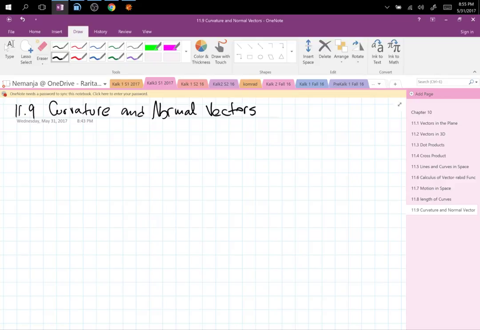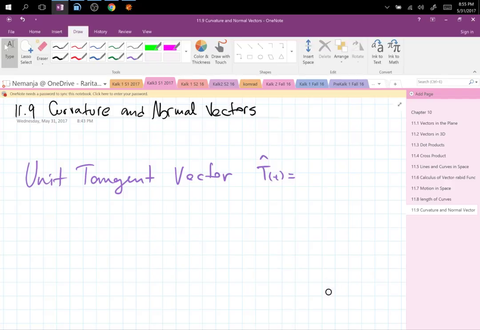We start by remembering, and this is very important, the unit tangent vector definition, which was given as the derivative of r divided by the magnitude of the derivative of r. You can also call that velocity divided by speed.